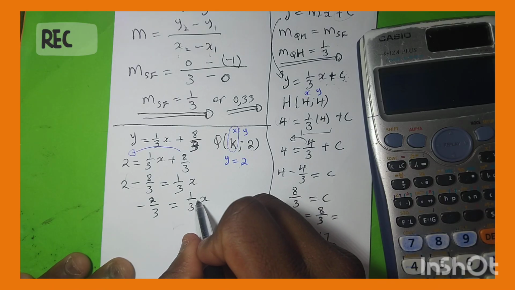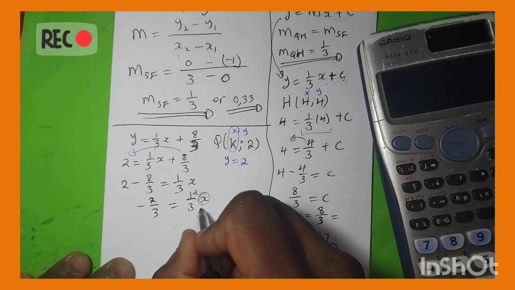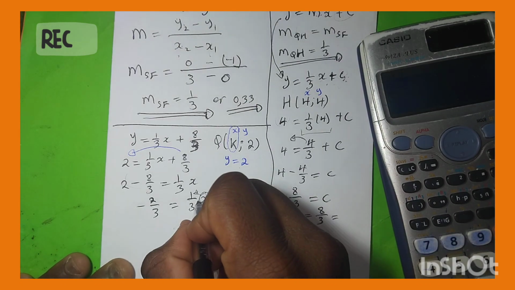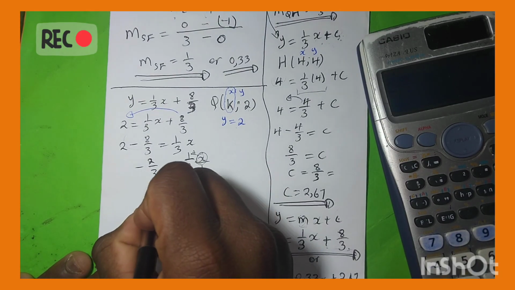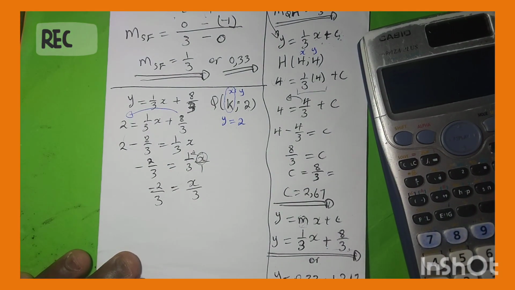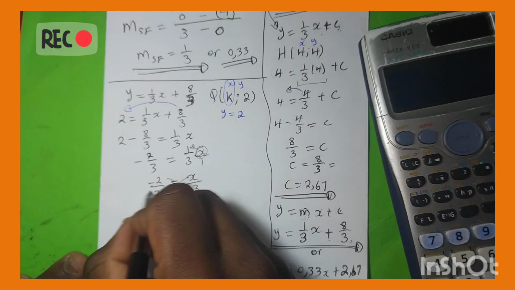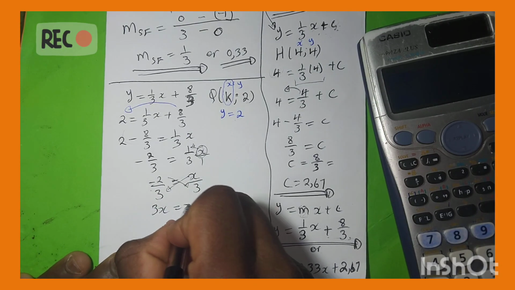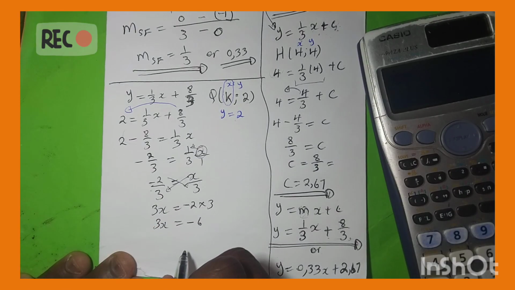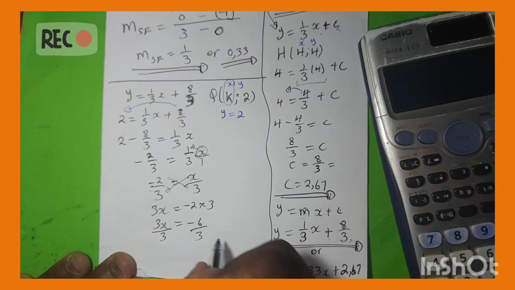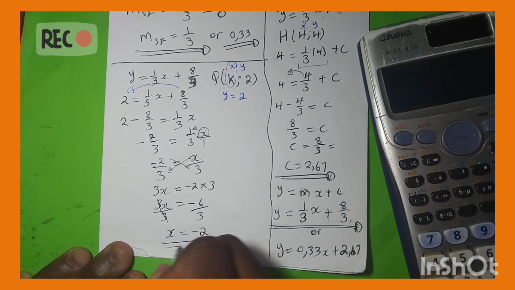What you should know is that the x gets multiplied upwards, because here we have an invisible 1, so the equation becomes x over 3. Then you can cross multiply: 3x equals minus 2 multiplied by 3, which gives minus 6. Then I divide, the 3 cancels, and x becomes minus 2.